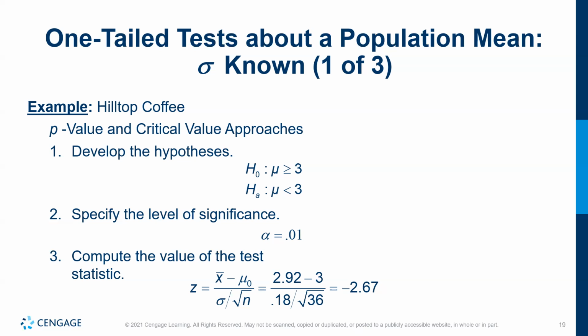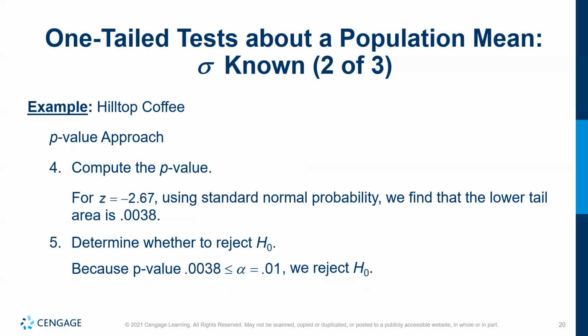That's going to give us what's called a test statistic of negative 2.67. Then, if we're using the p-value approach, we'll take z of negative 2.67, and we'll find the p-value of that by using NORM.S.DIST, okay, is 0.0038.